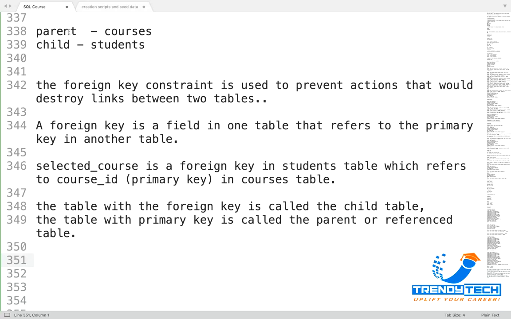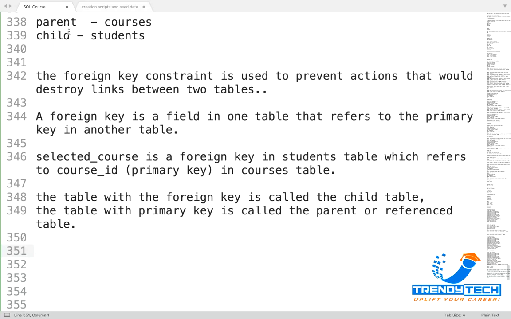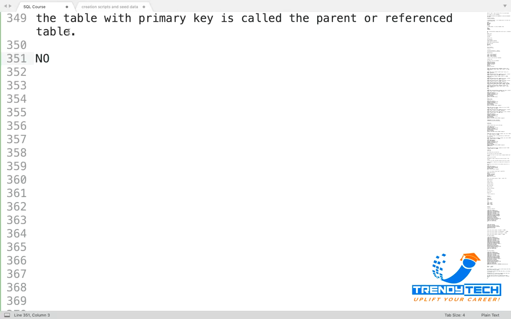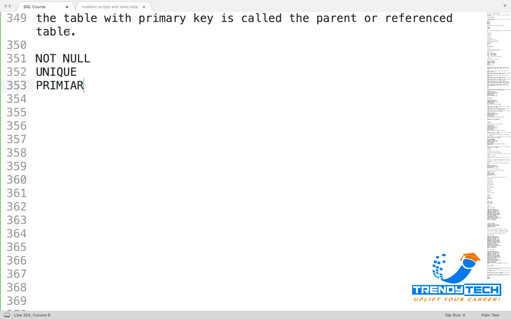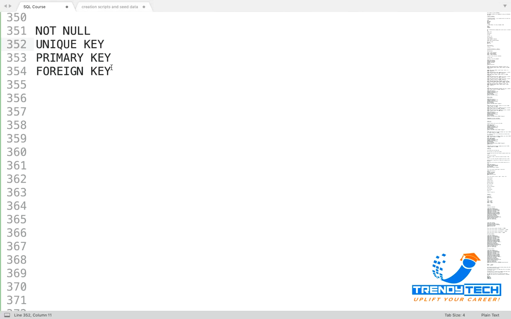We have talked about other constraints also earlier. If you can recall, we talked about the not null constraint, the unique key constraint, the primary key constraint, and the foreign key constraint. So what do I mean by constraint? Why am I using this word? Basically, a constraint means we are defining some rules, and only based on that should data go in.